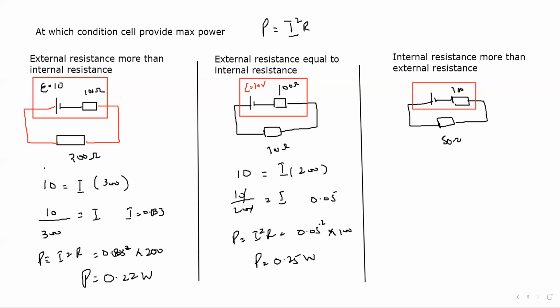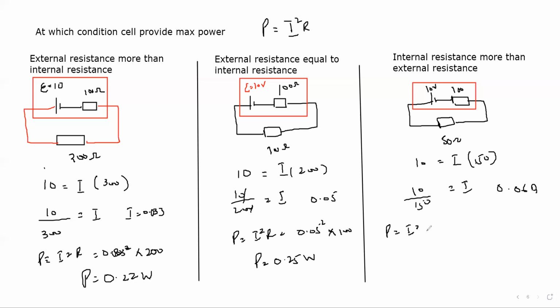And when we do it for the third one, V is equal to IR, total EMF is 10 volts. So 10 equals current, which we don't know, times the total circuit resistance, which is 150. So 150 is multiplied on one side, it will divide on the other side. So 1 divided by 15, that is equal to 0.06 ampere. And then again we'll find the power.